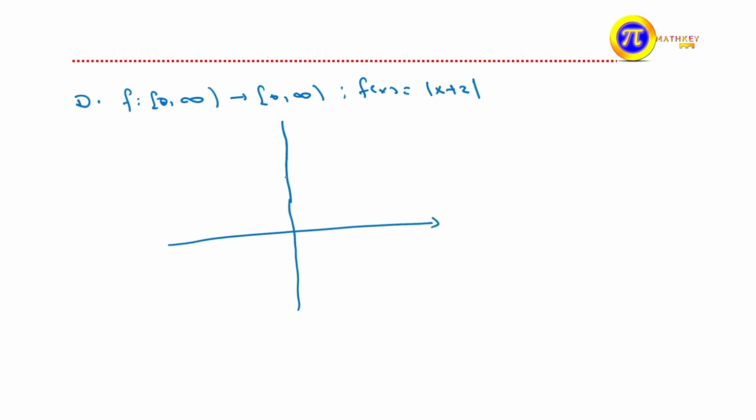Let us see choice D. It says f is from 0 to positive infinity to 0 to positive infinity, and f of x is equal to the absolute value of x plus 2. In this scenario, let us see by sketching the graph. የነን ግራፉን sketch በማድረግ ማየት እንችላለን. When x is 0, what does the value become? At 0 it is 2, 1 ሲሆን 3 ይሆናል.